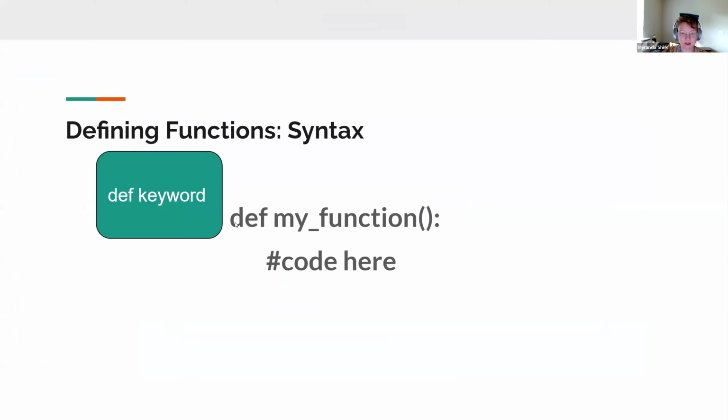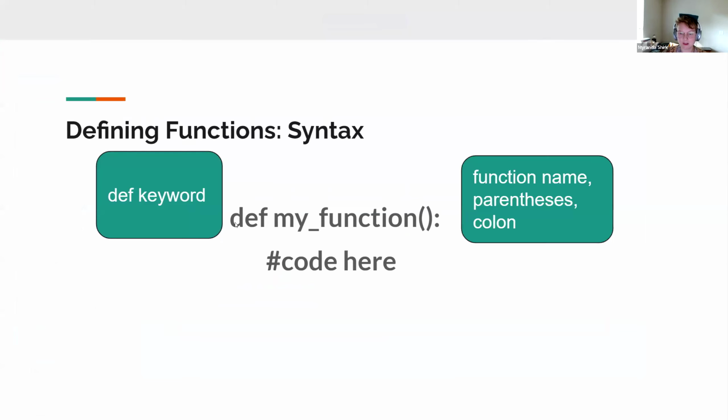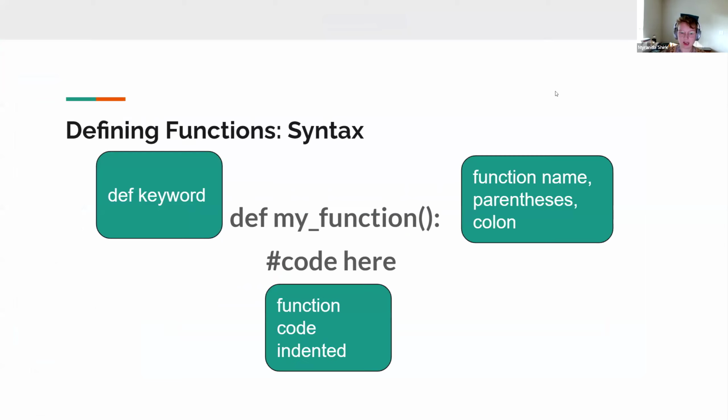So this is the syntax of defining a function. You have your def keyword, your function name, parentheses, the colon, and then where your code lives within that function. It's like you're creating a task and then giving a name to it.